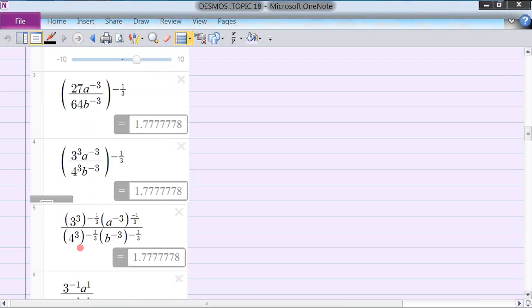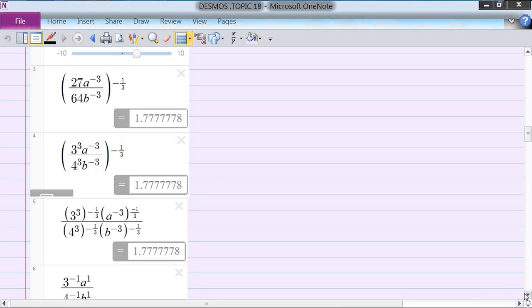So I get 3 cubed to the minus 1/3, a to the minus 3 to the 1/3, 4 cubed to the minus 1/3 right here, and b to the minus 3 to the minus 1/3. So I'm applying this to each one of these individual terms.